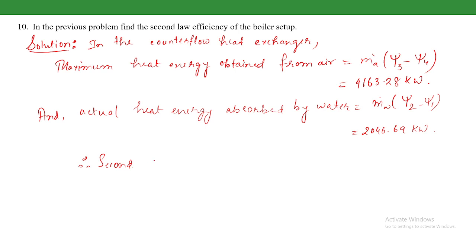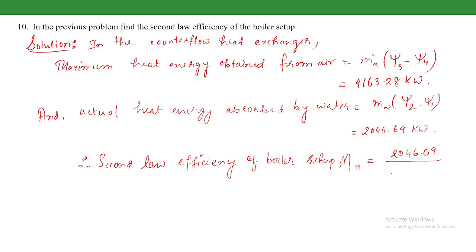So the second law efficiency of the boiler setup is equal to this value, 2046.69, divided by the maximum energy that is possible to be obtained from air in this process.